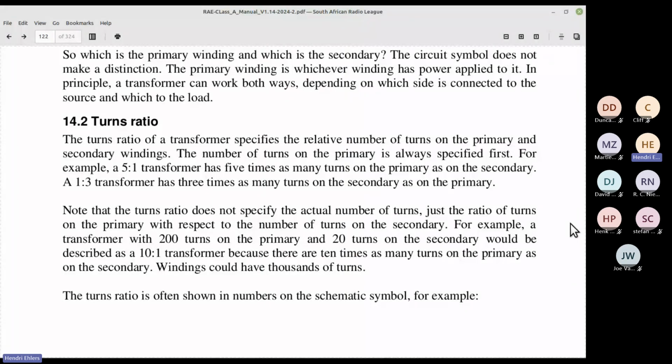So if you take 200 and divide it by 20, you'll get 10-to-1. So that's how we determine the ratio. And as they say, a transformer that you plug into mains would have thousands of turns.